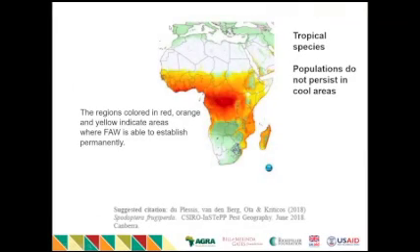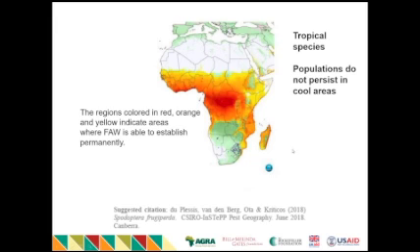To end the biology section of this module, fall armyworm is a tropical species, meaning it likes hot and humid conditions, and populations do not persist in cool areas. Infestations that we get in cool areas with cold winters, in the following season, are due to invading populations.